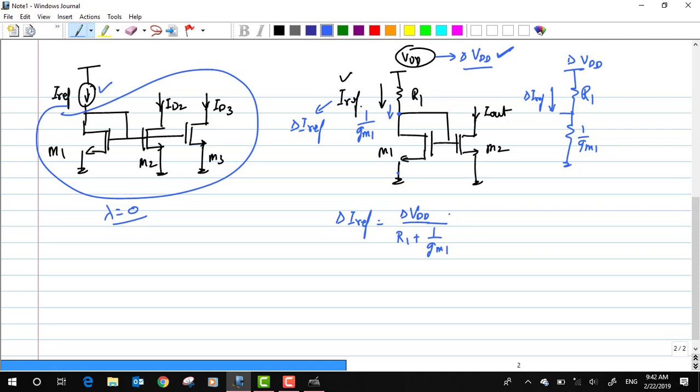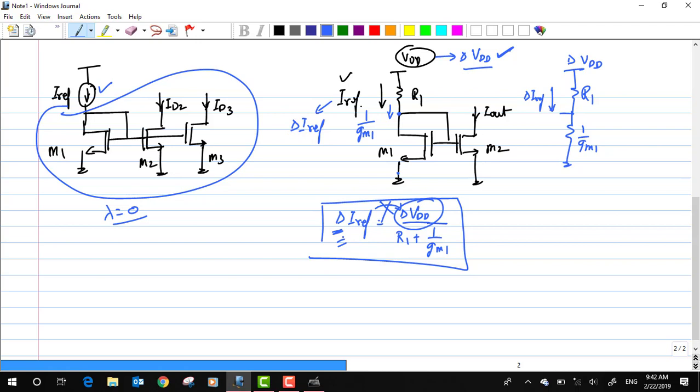Now clearly the expression that I have here has a strong dependency on this delta VDD. So when there is a change in my VDD, there is a change in my reference current, and that is not what we actually wanted. Our intention is to break this relation. If there is any change in my VDD, I should not have any change in my reference current source, and that is my ultimate aim.